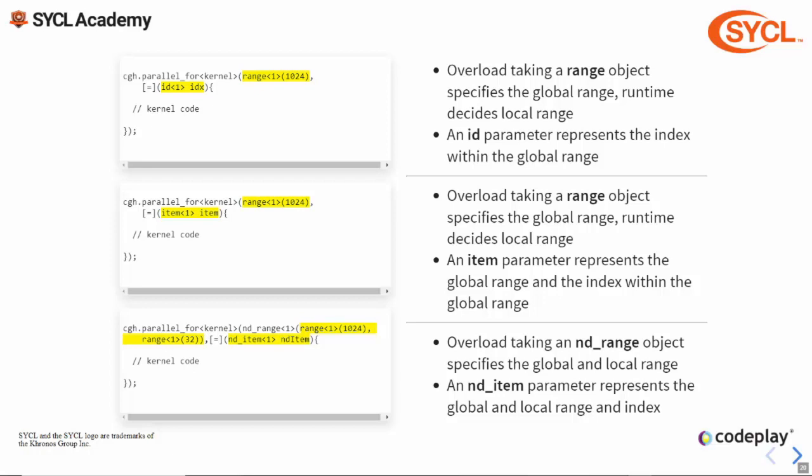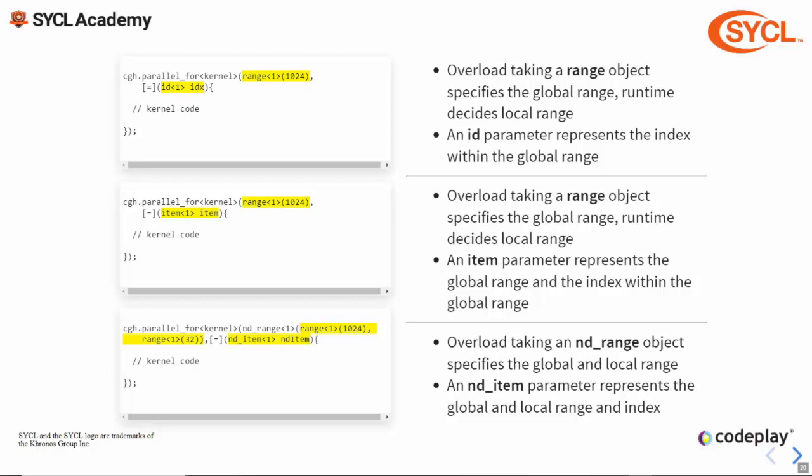The next takes a range object, again representing the global range, but in this case the callable takes an item object. The runtime still decides the local range, but the item object provides additional information. In addition to the global ID, it also provides the local ID, the global range, and the local range.